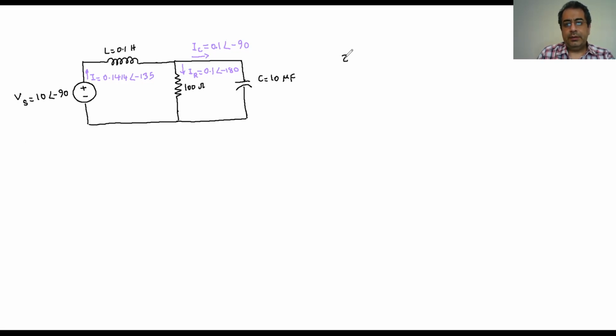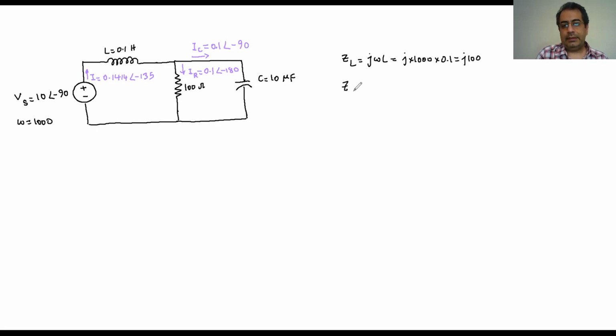So for the ZL, it is j omega L, and we know the omega is 1000. So it's going to be j times 1000 times 0.1, which comes to j100.